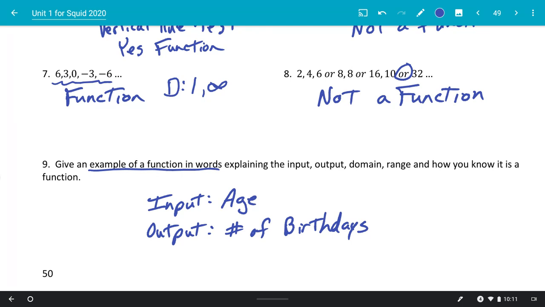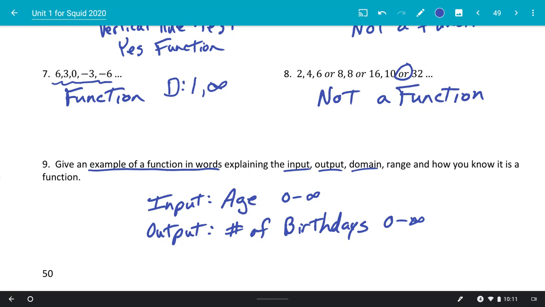So if somebody's 48 years old, they've had 48 birthdays, right? So that would definitely be a function. Input would be age, output would be number of birthdays, domain would be from 0 to, I don't know how old the oldest person is. I'll say 0 to infinity, because we never know what could happen, but we'll go with that. Number of birthdays would also be from 0 to infinity.